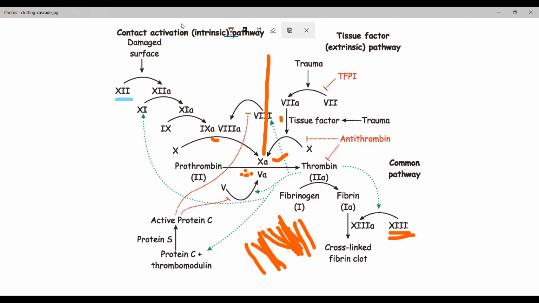Let's suppose up to here, I'll switch to this thing. Let's suppose the patient has a wound like this. Okay, on the surface there is a tear like this and here fibrin strands are coming. So let's suppose I am drawing fibrin with purple.